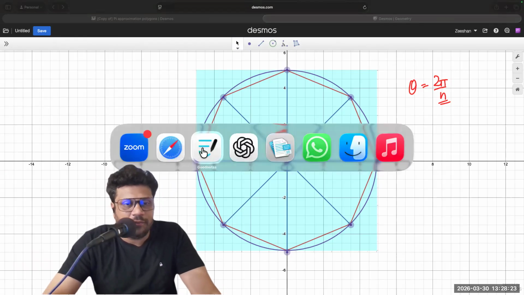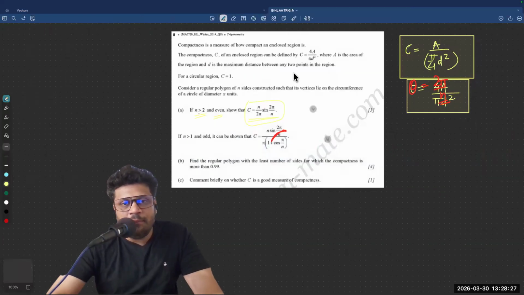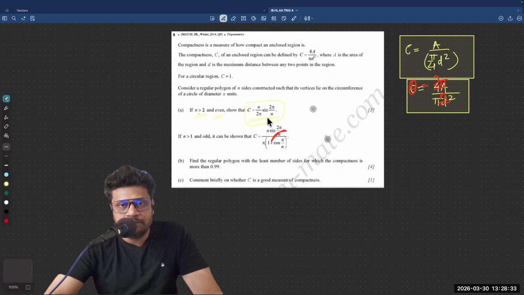Well, according to the question, d is the maximum distance, so d is the diameter. Consider a regular polygon of n sides constructed such that its vertices lie on the circumference of a circle of diameter x units.